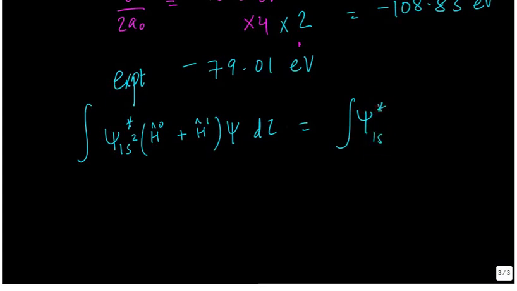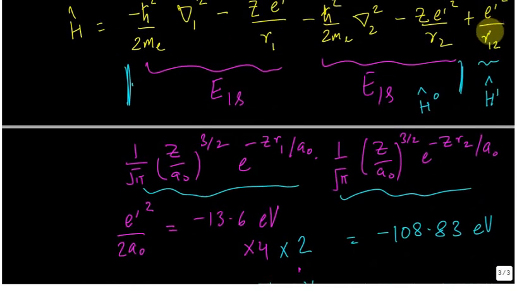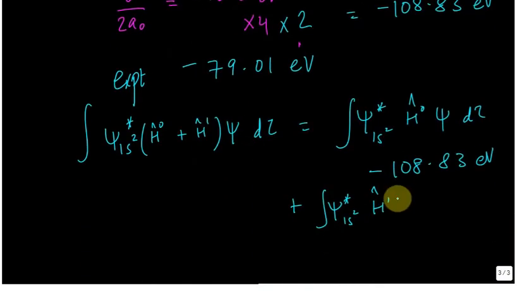Psi star 1s squared H0 psi, whose solution we've just seen is minus 108.83 eV, plus psi star 1s squared H prime psi, where H prime is nothing but e prime squared by r12, which takes care of the interelectronic repulsion term.